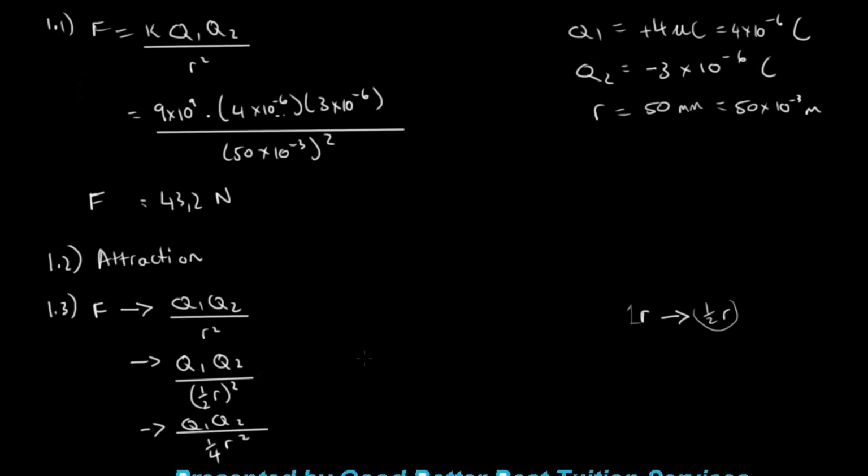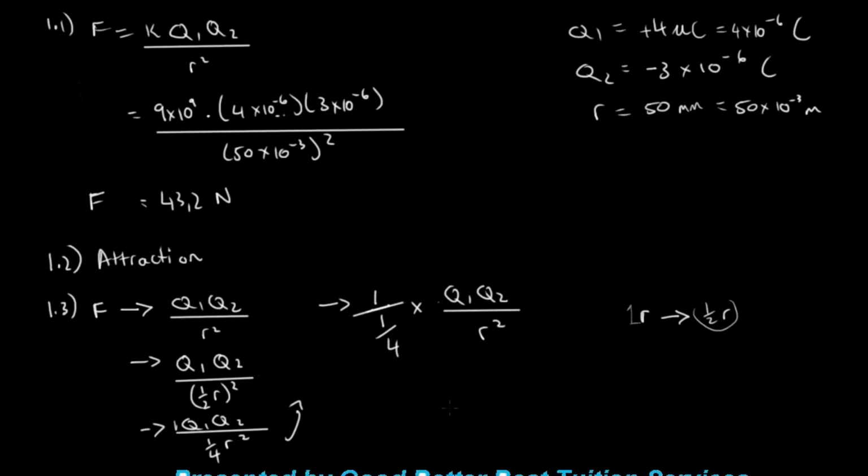Carrying on up here, you can see that we have 1 over 1 over 4, multiplied by Q1, Q2, all over r squared. As you can see, I just removed the 1 that's in front of this one, and I separated the two. There's a 1 there, I separated the two. Can we see that?